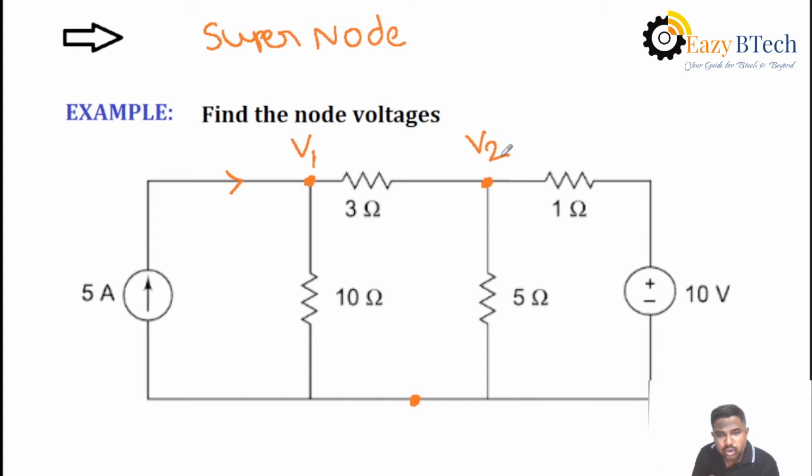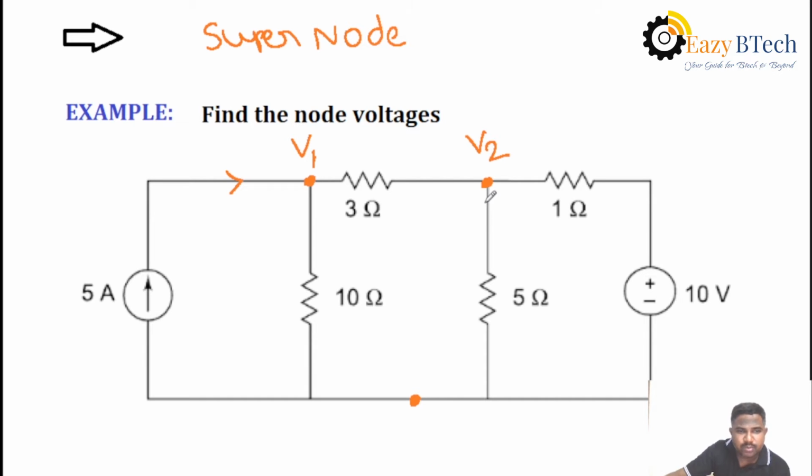If there is no current division, then we do not take that node point. You must take the node point where the current will be divided. Then at each node voltage, you can develop the node equations. A very important point is that you consider the current direction away from the node, passing through each element.